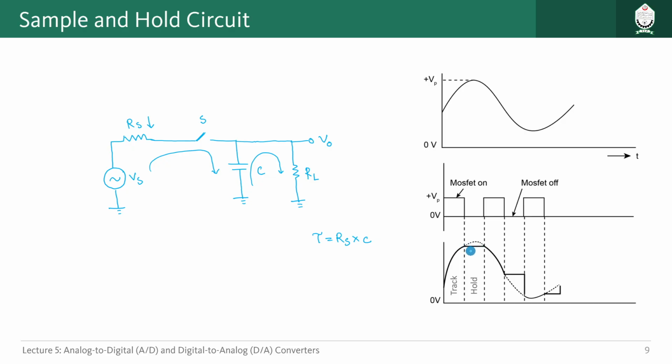So we can calculate that the time taken for it to get discharged is related with this tau value. Let us call that tau 1 and let us call that tau 2.